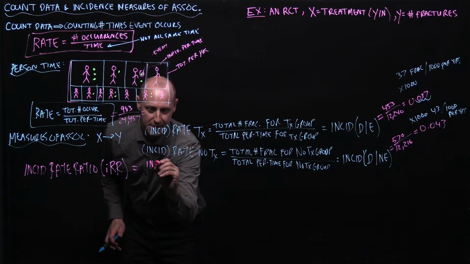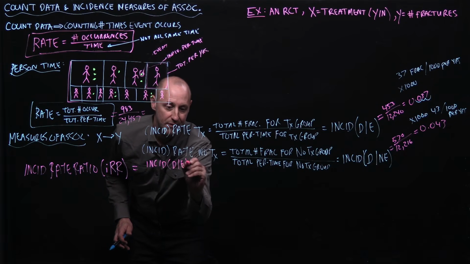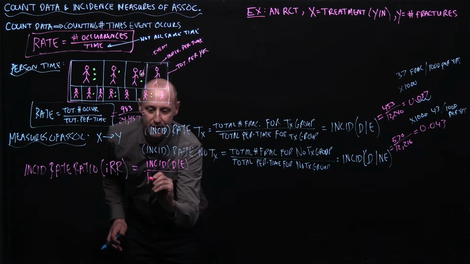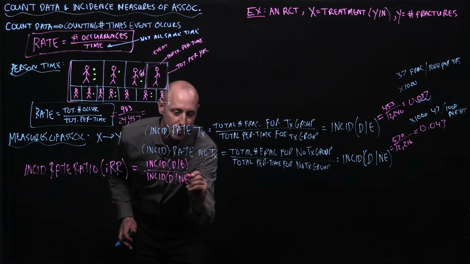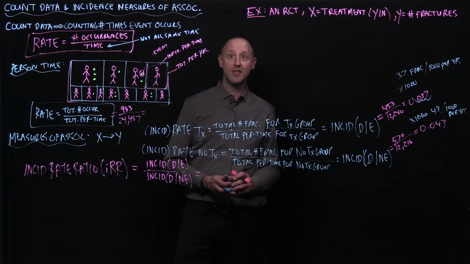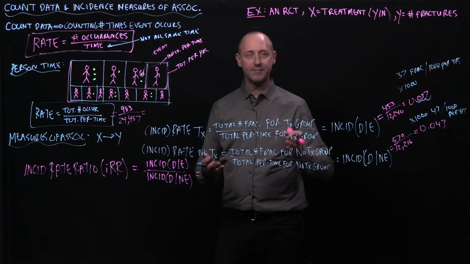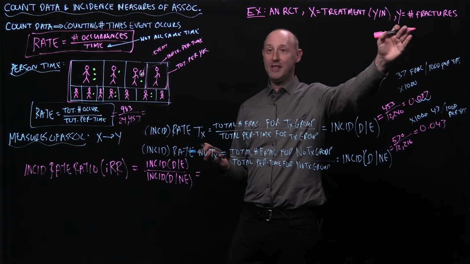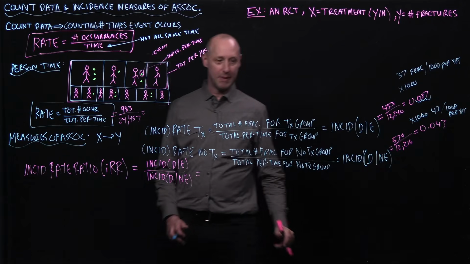Okay, but this is going to be the incidence of the disease given exposed relative to the incidence of the disease given they were not exposed. Okay, and again, a reminder, exposed and unexposed, disease, not disease, are generic terminology. Right here, the disease is getting a fracture, and the exposure is receiving the treatment.